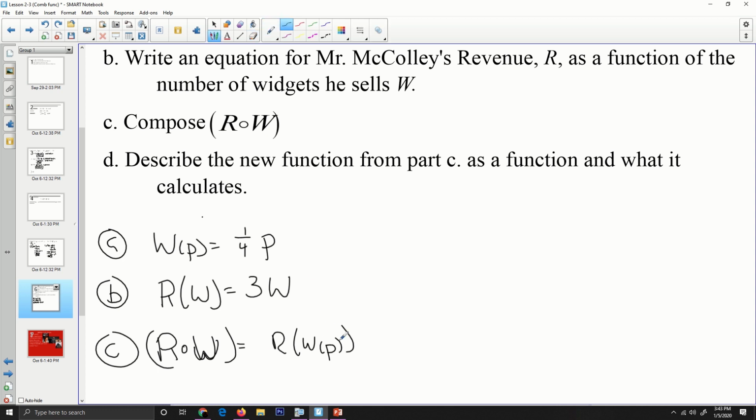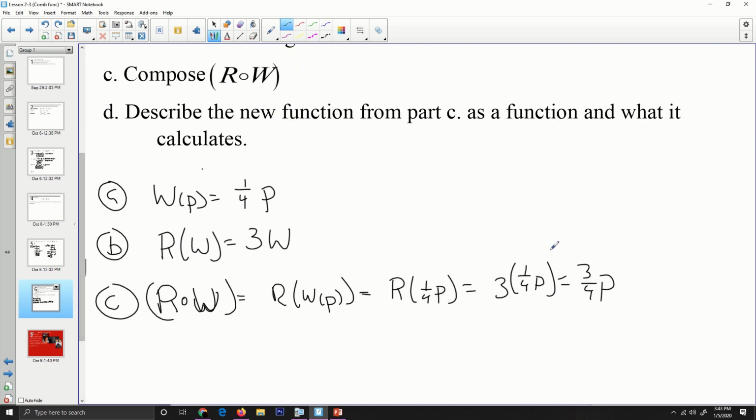And then we already said W of P is going to be 1/4 P, so I've got R of 1/4 P, and then R was 3W, so 3, and wherever I see a W, I'm going to replace that with 1/4 P, and that'll give me 3/4 P. So that's going to be my final answer. So R composed with W of P will be 3/4 P. That's my final answer right there.